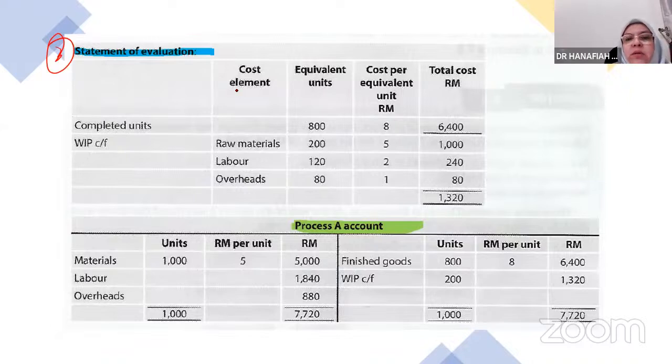So this is how the statement of evaluation looks like. We have the cost element, equivalent unit, cost per equivalent unit, and the total cost. The item here is the completed units. How many? We have 800. And the cost per equivalent unit is RM 8.